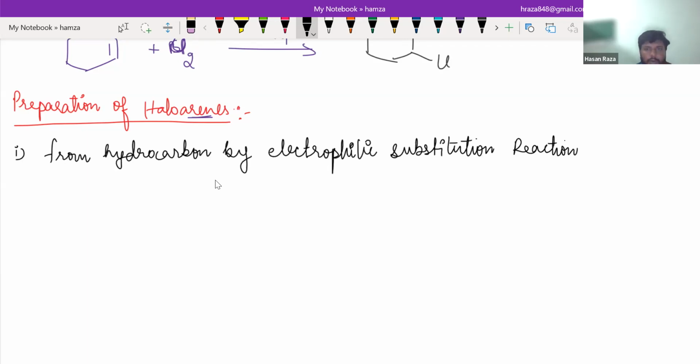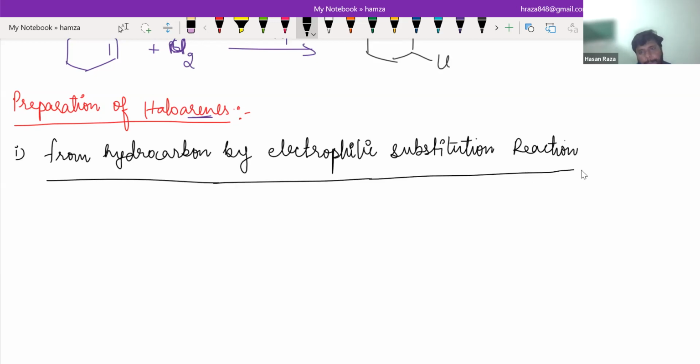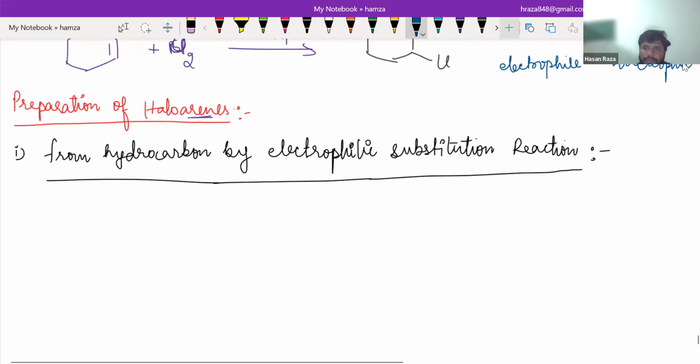So everyone knows about electrophile and nucleophile, yes or no? You have studied it in class 11th. Electrophile means electron lover, and nucleophile means nucleus lover or positive charge lover.